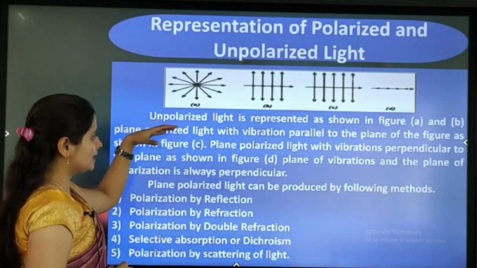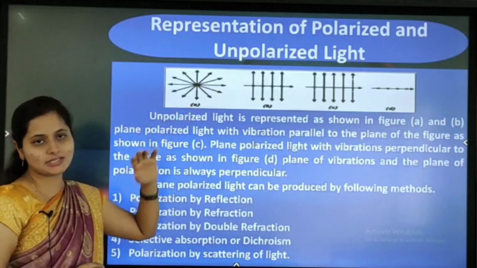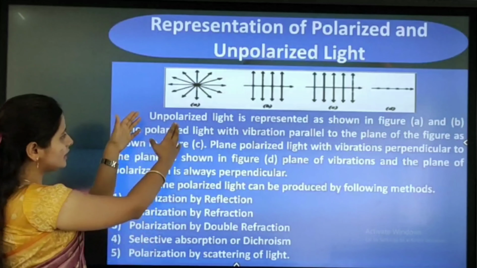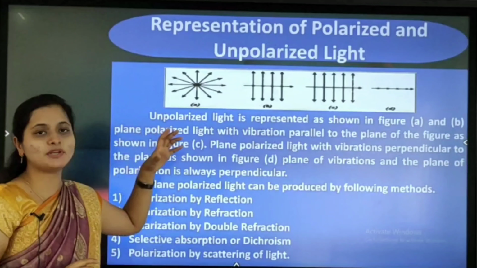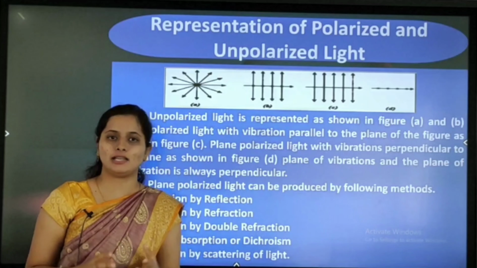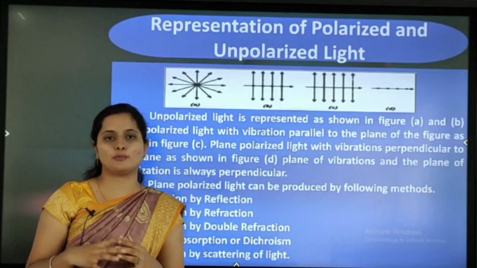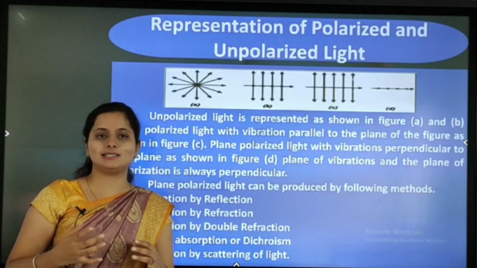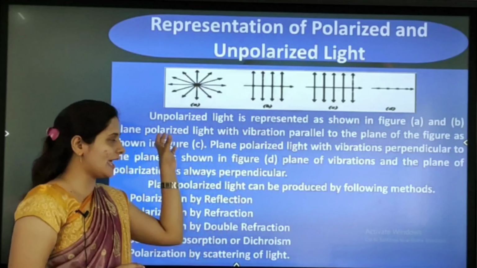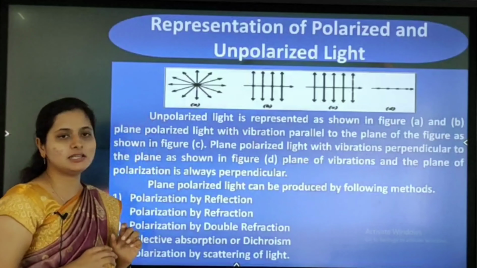Unpolarized light is shown in figures A and B. That is the representation of unpolarized light, which means light can be propagated or scattered in all directions.